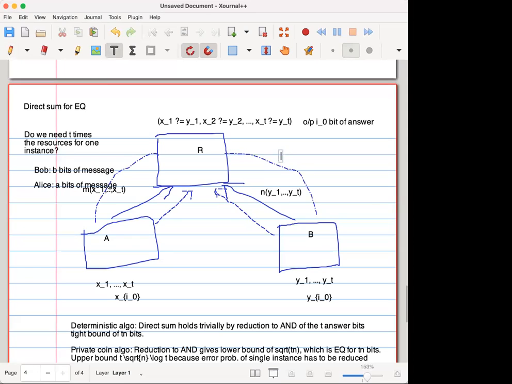This is the BR public coin. This is the AR public coin. So I have to put in an additional resource, shared public coins between A and R, B and R, and then I can compress the messages to the max mutual information.